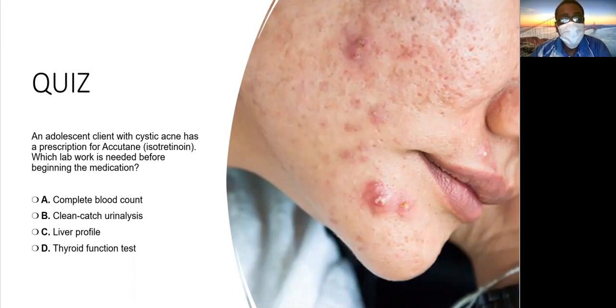So our correct answer option would be C. Accutane is made from concentrated vitamin A, which is a fat-soluble vitamin. And we know that fat-soluble vitamins have the potential of being hepatotoxic. So a liver panel is needed. Answers A, B, and D do not relate to therapy with Accutane, therefore they are incorrect.